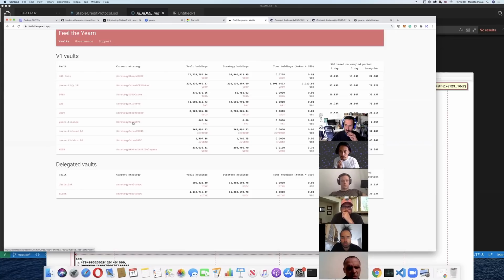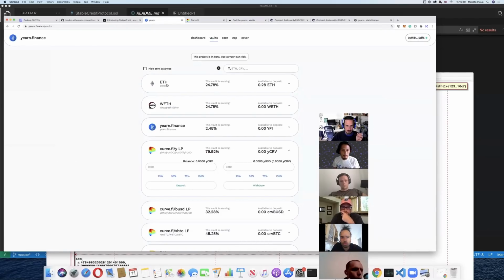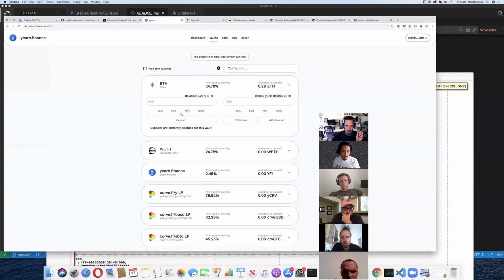And I thought that was a reason why it's disabled from the front end UI, that now you can't put it in, I think. But when I actually went through Etherscan, I was able to interact. Does that mean it's not actually disabled, or does this vault mechanism actually prevent people from getting in?